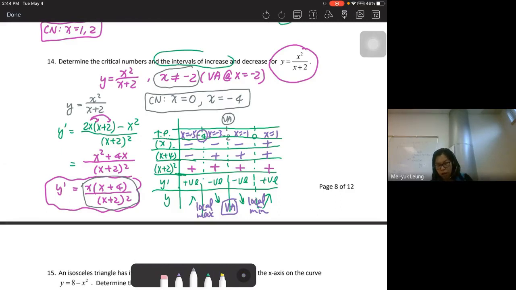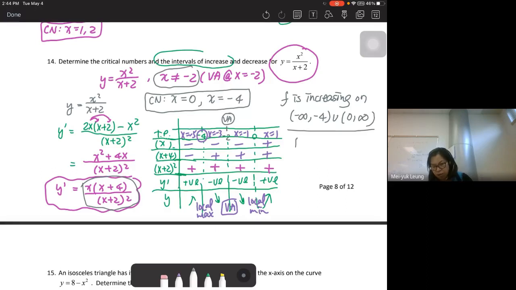Now, when you are writing down the final answer, you say f is increasing on the interval from -infinity to -4 or from 0 to positive infinity. Now, on the AP exam, you may have noticed that when they write the intervals where the function is decreasing, they try to combine these two intervals into a single one.